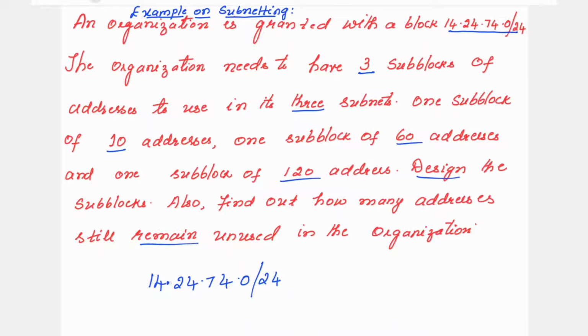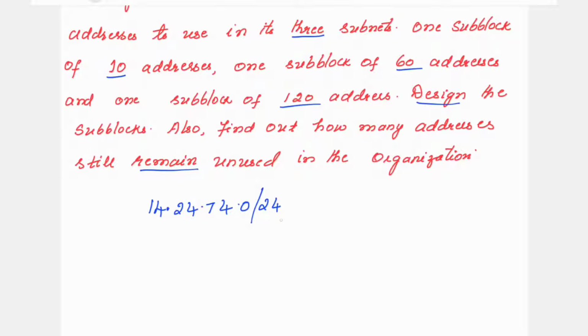Now here only the network address 14.24.74.0 is mentioned. There is one main organization, and this organization is granted a block of 14.24.74.0/24, this set of IP addresses.